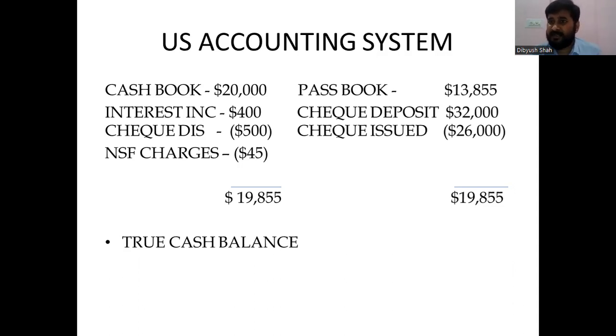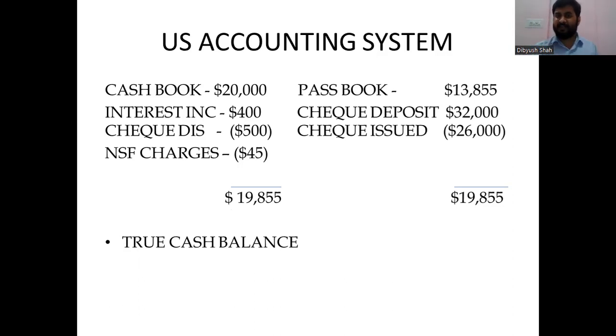poor countries. And US GAAP is one of the stringent measures in the entire world. It wants investors to know everything. So when I am looking at a Berkshire Hathaway balance sheet, I don't want to know what is the cash as per their ledger. I don't want to know what is the cash or bank balance as per their passbook. I want to know what is their true cash balance.